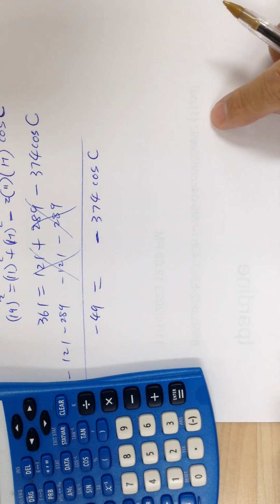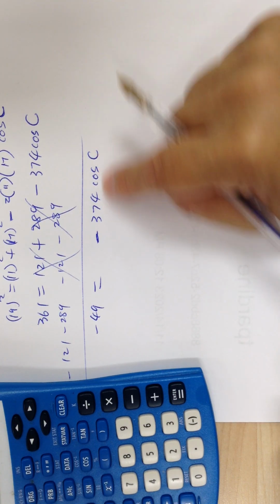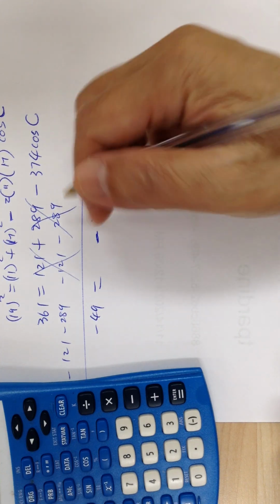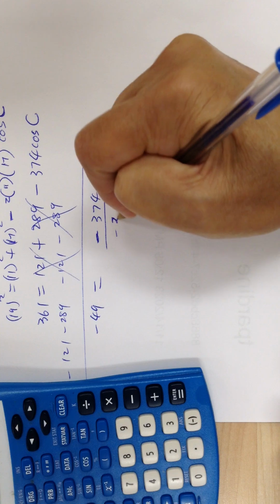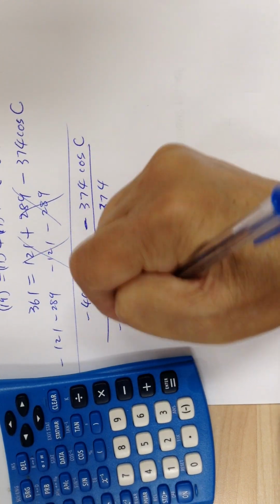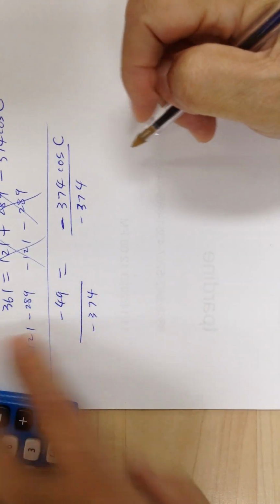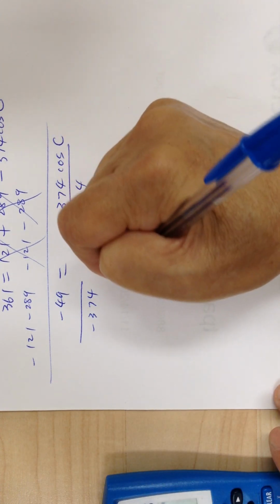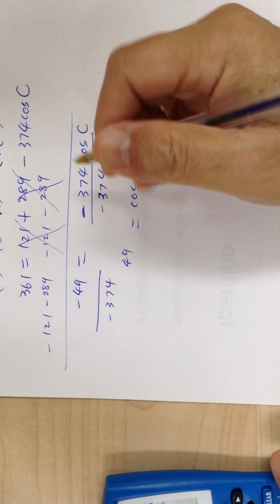Okay, so to solve for C, the next step is you have to divide, because this is a multiplication, so you have to divide by negative 374. So you're going to get cosine of C equal to 49 over 374, since the negative and negative will cancel out.